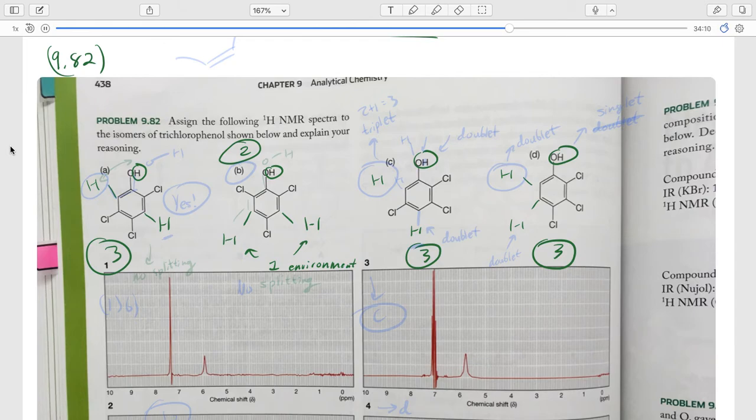Why is that? Well, we're too far away: 4 or 5 bonds away, so we should see no splitting.